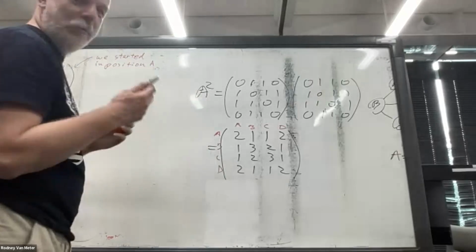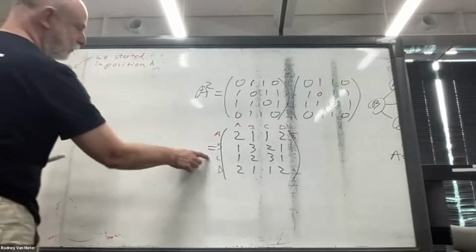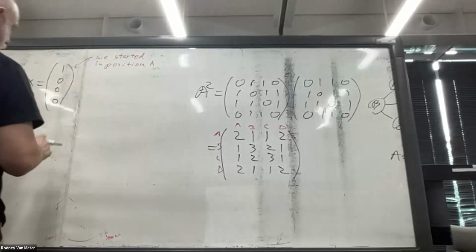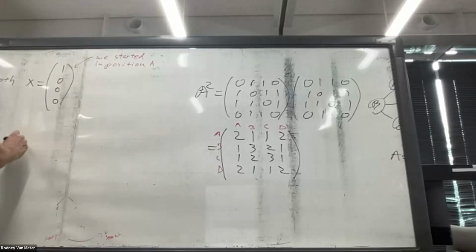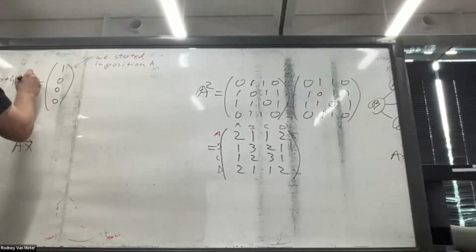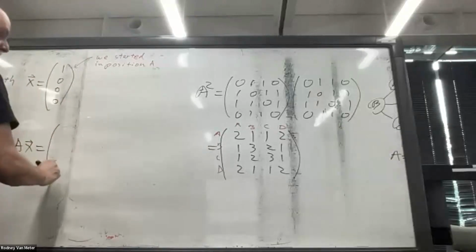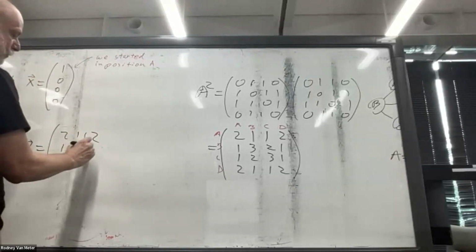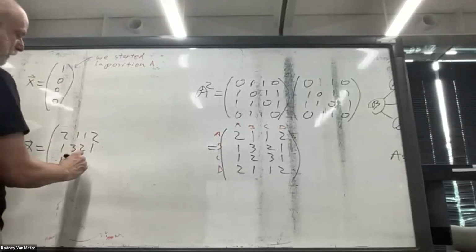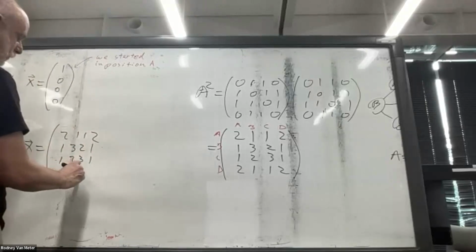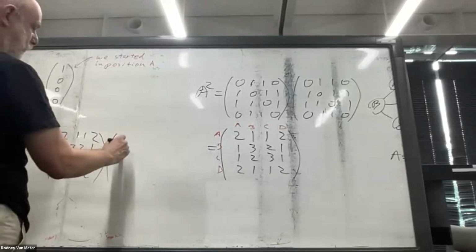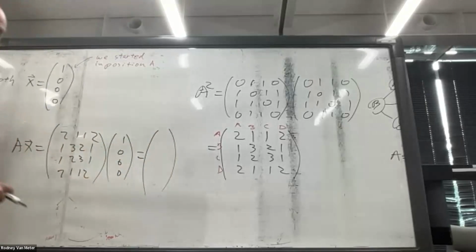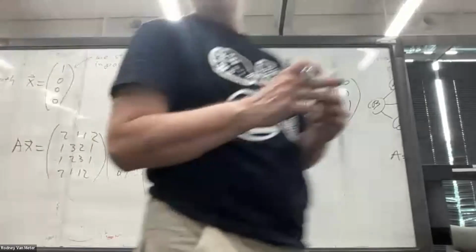But where can we get to after 2 steps? We can take this vector and multiply it by that matrix. So if we take AX, that will be 2, 1, 1, 2, 1, 3, 2, 1, 1, 2, 3, 1, 2, 1, 1, 2. And if we multiply by 1, 0, 0, 0, what do we get? This is A squared, right?